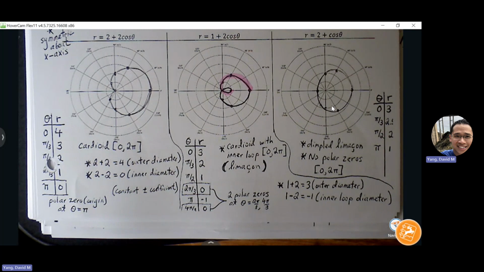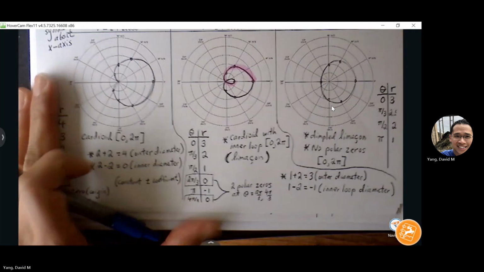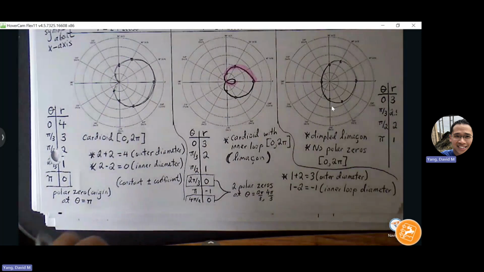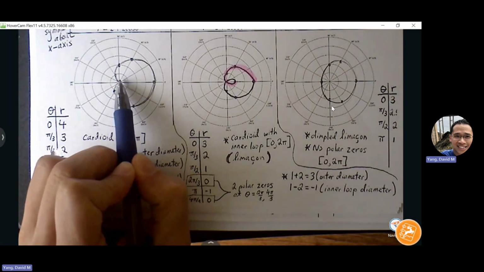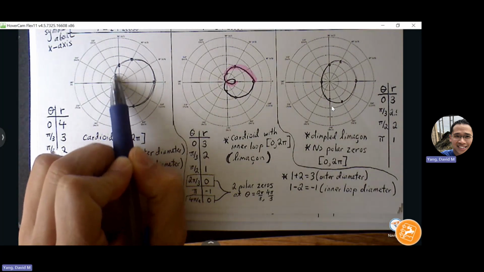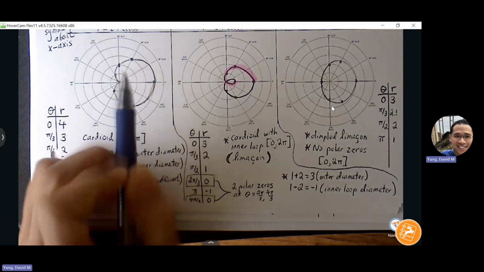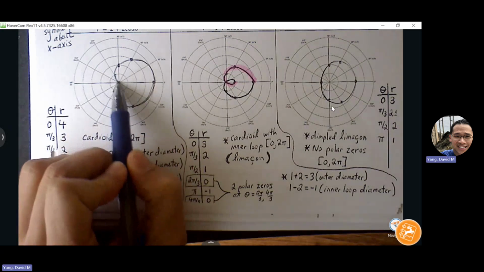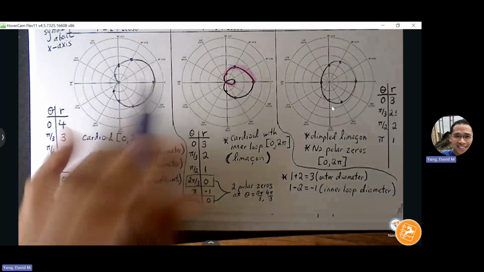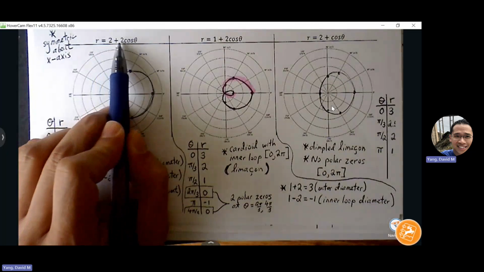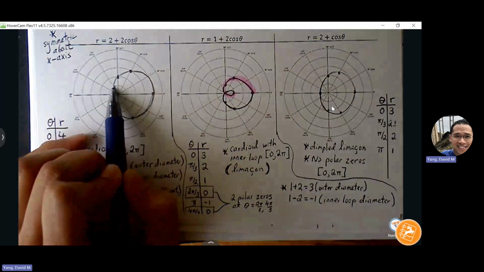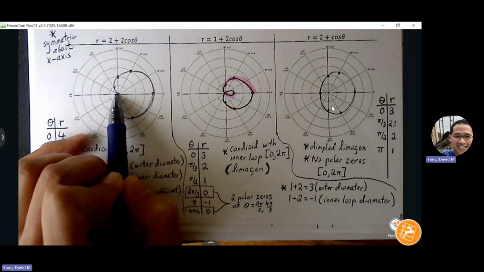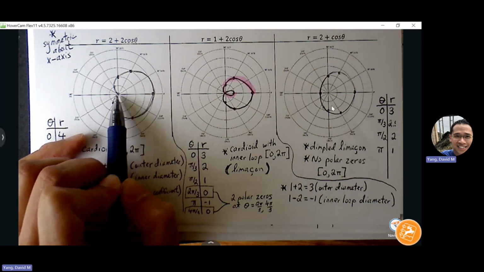So we know that with these heart shape or limaçon graphs, there's something that is different than the previous circles. We have this indentation here. If the coefficient and the constant are the same value, it's going to hit the pole or the origin once, and that's going to cause it to have that heart shape.